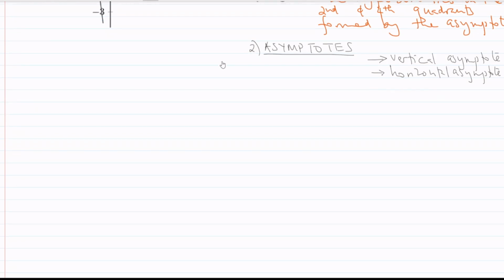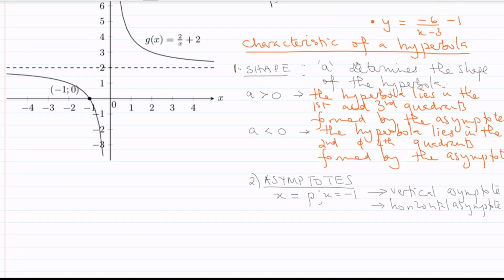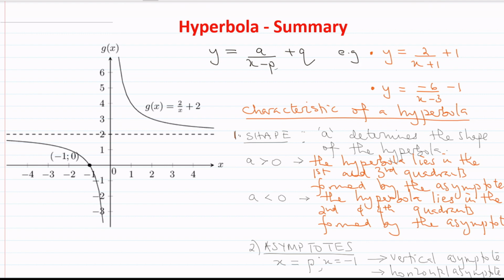So the general equation of the vertical asymptote is given by x is equal to P. Where P is any value, for example, we can say x is equal to -1. If we take this example that we have here, x is -1. So x is -1 is our vertical asymptote.